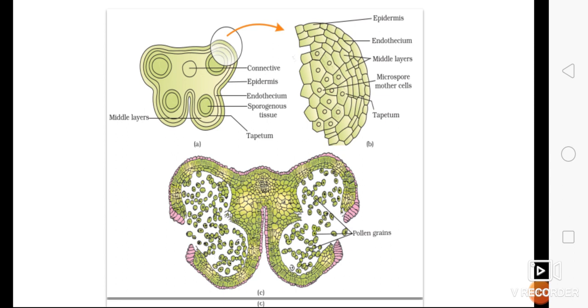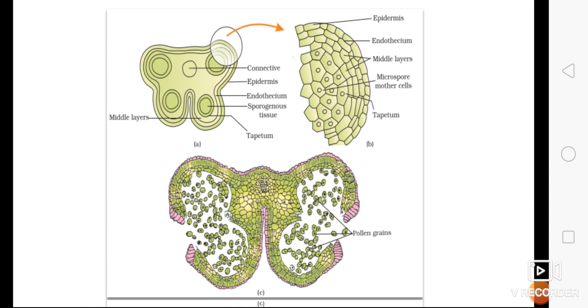Now we have to learn functions of each of these layers. Actually, for the first 3 types of layers, there is the same function, and they have 2 common functions. One, protection of microsporangium. Second one, dehiscence of microsporangium. Dehiscence means breaking.